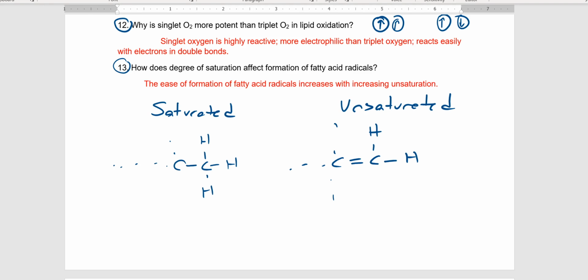Let's see these bonds. So which one will be easier to remove? This one will be easier. If a carbon atom is adjacent to an electron-rich double bond, then this carbon-hydrogen bond becomes weaker because of this electron-rich double bond.